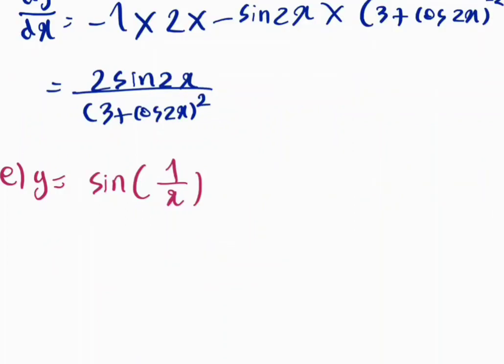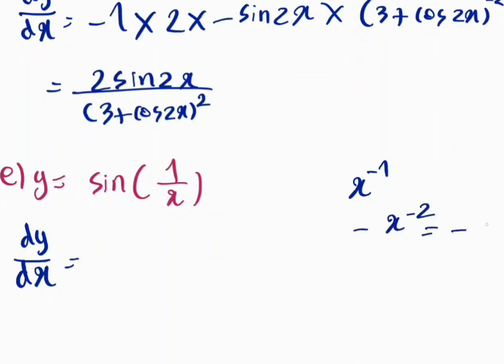Finally, E, y is equal to sin (1 over x). Another chain rule, and we start by differentiating the inside. 1 over x can be written as x to the minus 1, and this differentiates to minus x to the minus 2, or simply minus 1 over x squared.